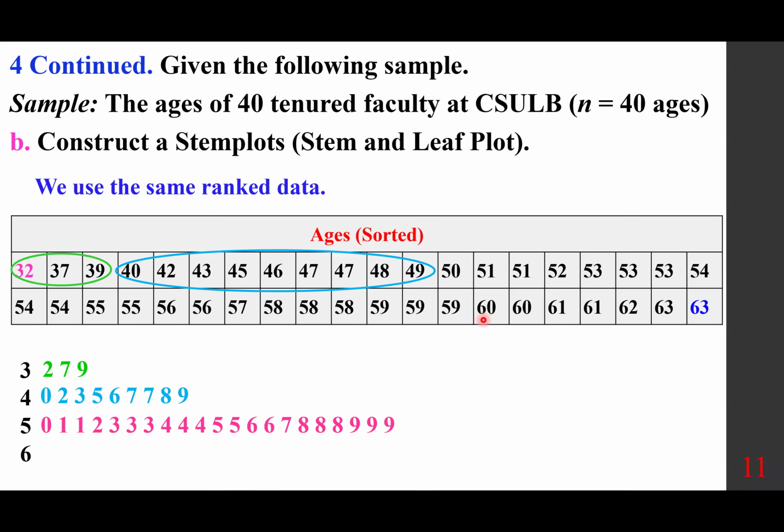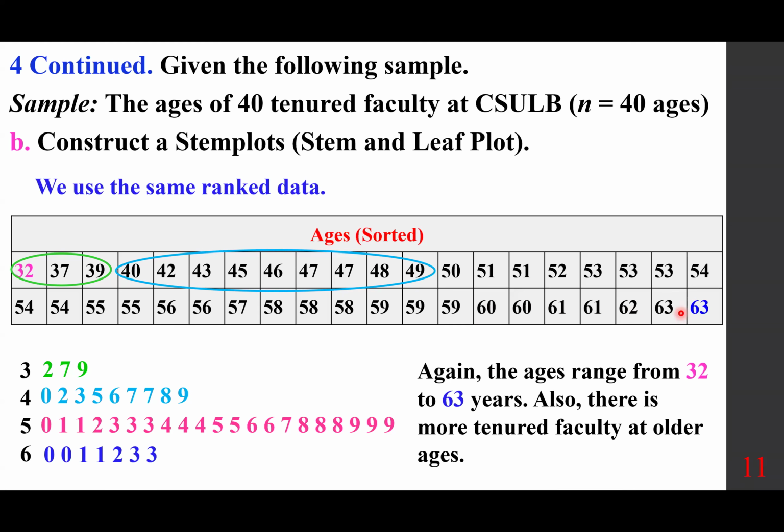And what about 6: 0, 0, 1, 1, 2, 3, 3? We put them. Okay. And again, the ages range from 32 to 63. So you can even read it. This is the smallest number, everybody.